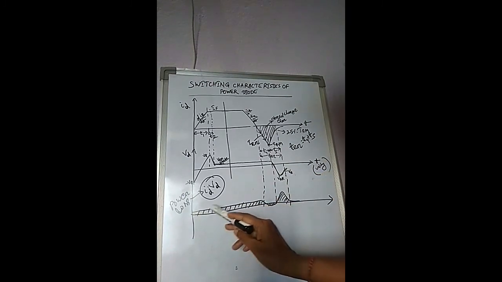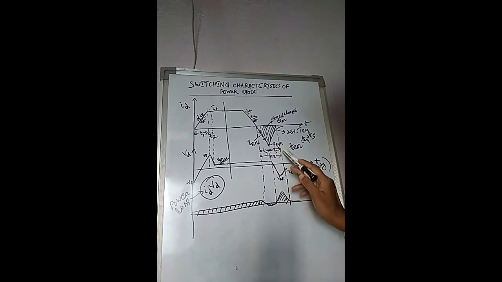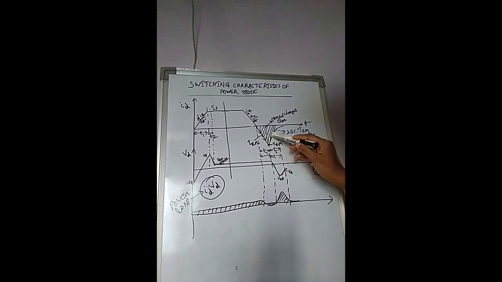Here the power loss is stable, and in some places in a negative direction, but the maximum power loss occurs during time T5. Why? Because during time T5 the voltage transient is at its maximum level, the voltage shoots to the peak level in the reverse direction, and the current is also at its peak level. Current starts decaying from this negative reverse peak level to zero.